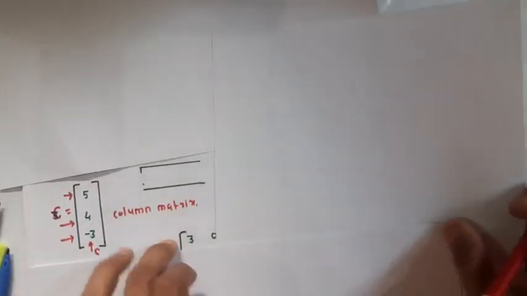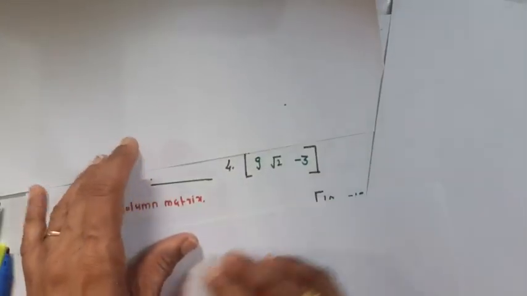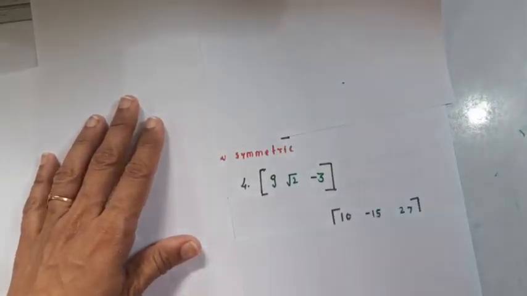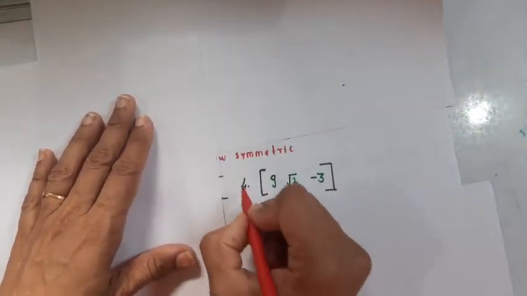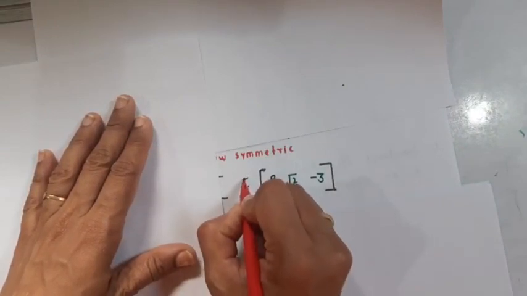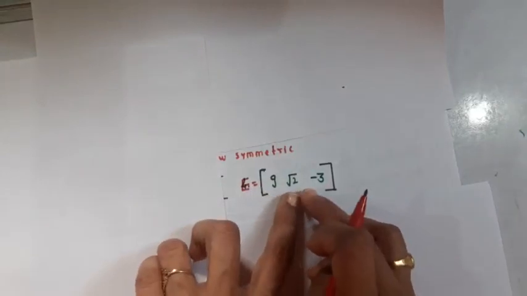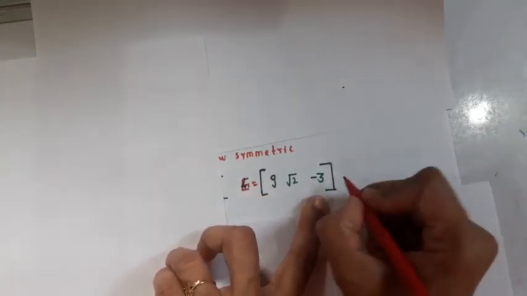Okay. Now the next one is this. The matrix is, suppose this is the matrix E, that is equal to 3, 9, square root of 2 and minus 3.